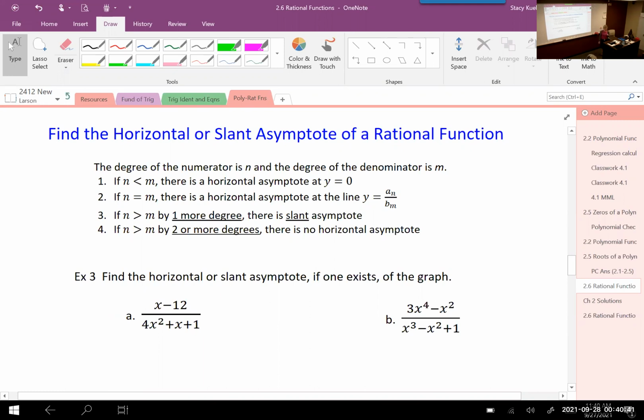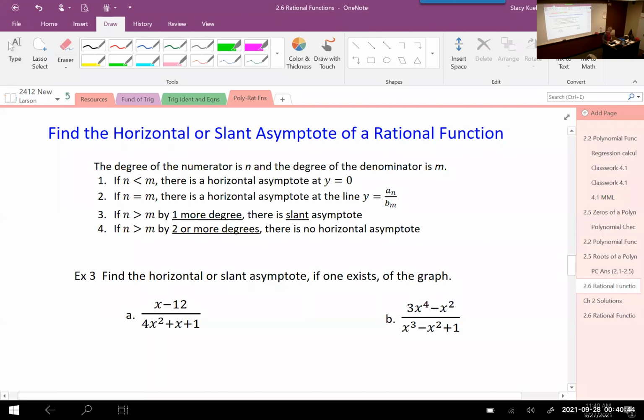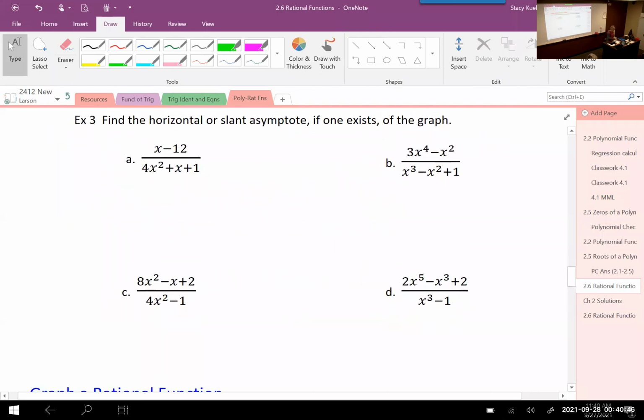So let's look and see how we evaluate. I've got 4 examples here that are going to show us what this all looks like. In this first one, I want to just know if there is a horizontal or a slant. You're never going to have both. You don't have both horizontal and slant. One or the other, or none. So what's the degree of the numerator here? 1.